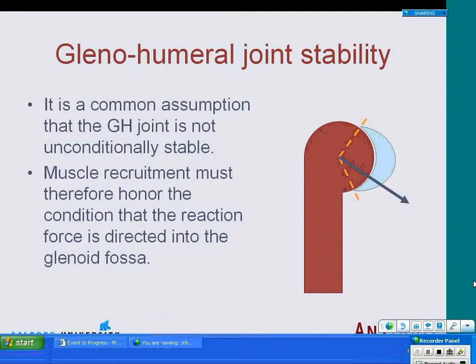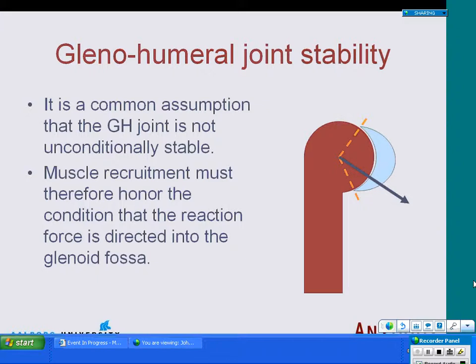It's a popular belief among biomechanicists that this joint is not inherently stable, because it's not like the knee that you have ligaments that are keeping the integrity of the joint in the absence of muscle forces.